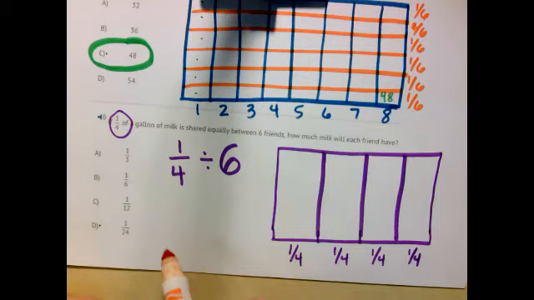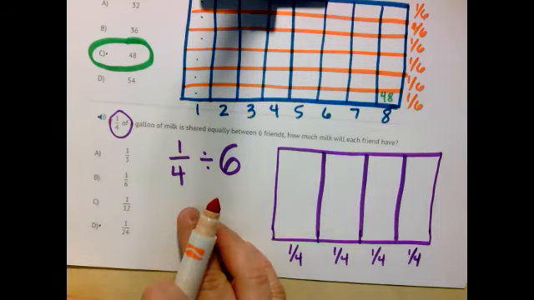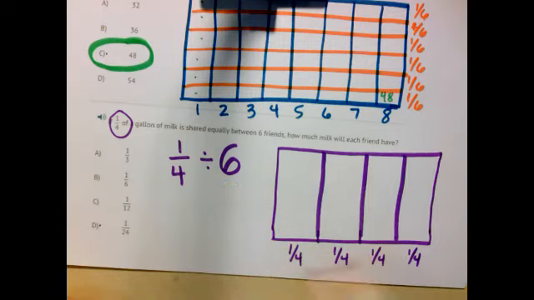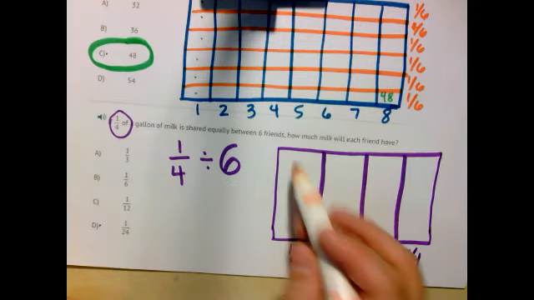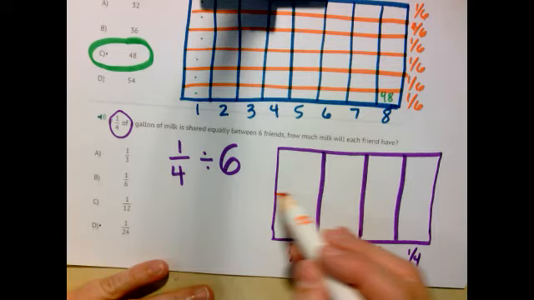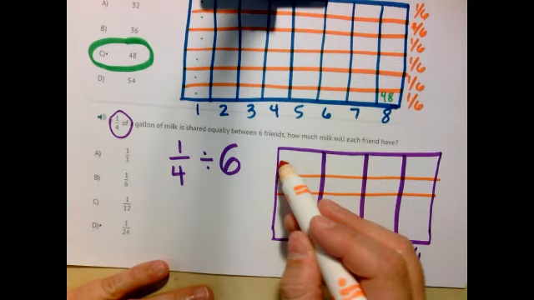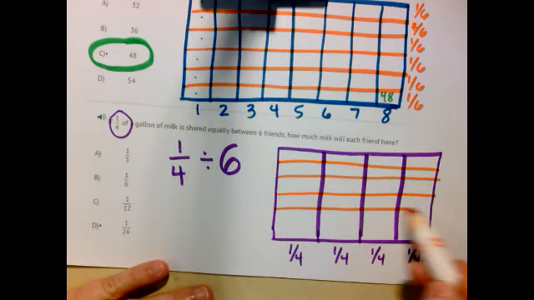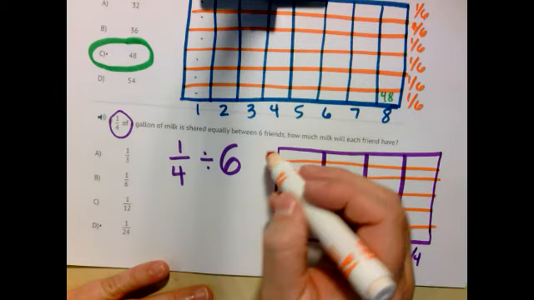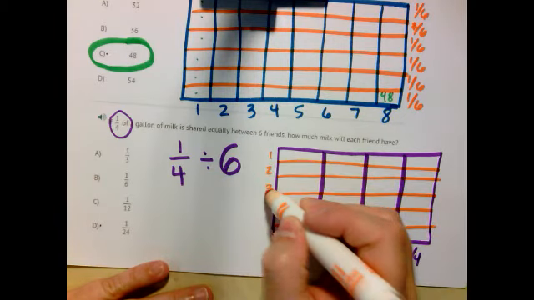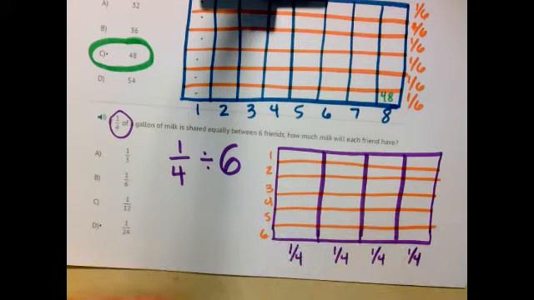So now I'm going to split this into 6 pieces because there's 6 friends. So let's split this up into 6 different pieces here. So there's 1, 2, 3, 4, 5, 6.